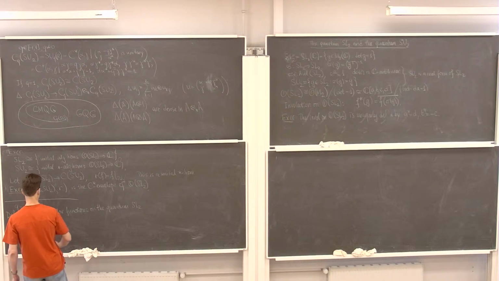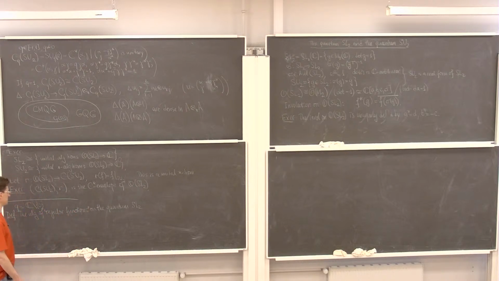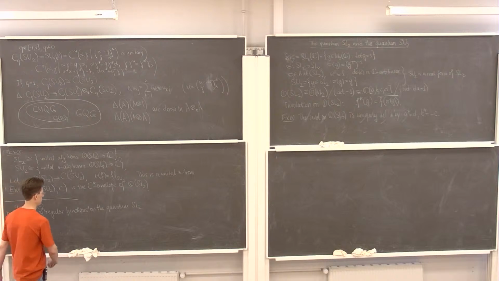Well, formally, of course, this algebra is not an algebra of functions, but again, according to the philosophy of non-commutative geometry, we interpret it as an algebra of non-commutative functions on the quantum SL2.